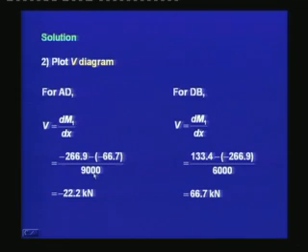The length of the span is 900 millimeters, and we find that the shear is 22.2 kilonewtons. For the section DB, V is equal to 133.4 minus 266.9 divided by the span, which is 600 millimeters, which gives us 66.7 kilonewtons.